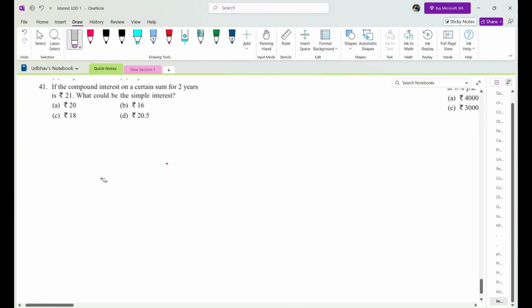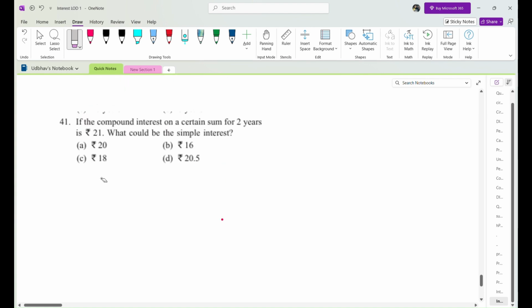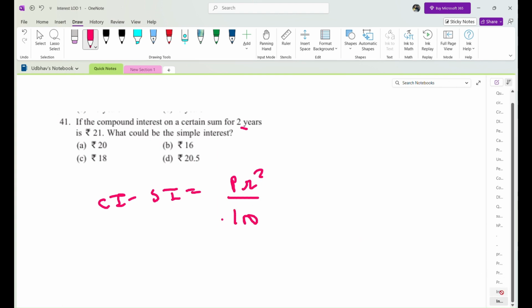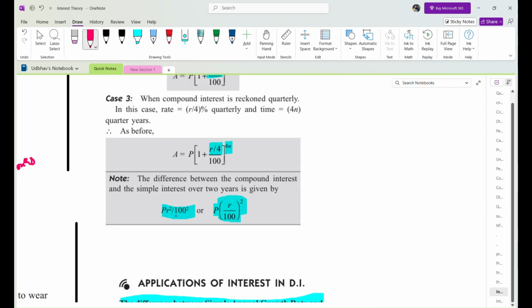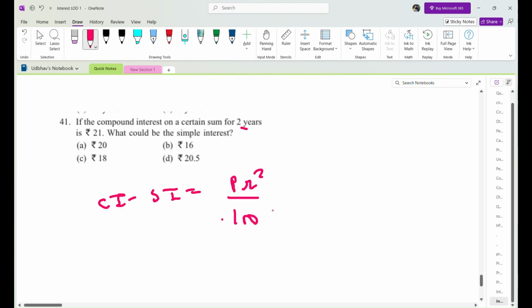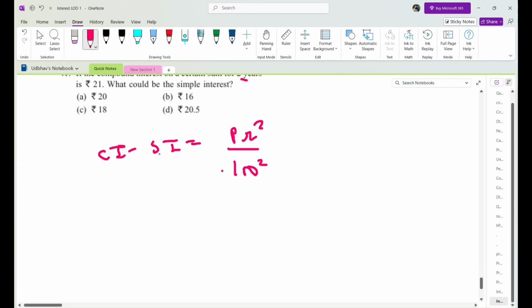So the next question is, if the compound interest on a certain sum for 2 years is 21, what could be the simple interest? We are given the compound interest for 2 years. Okay, we can use that formula: the difference of compound interest minus simple interest equals PR square upon 100 square.